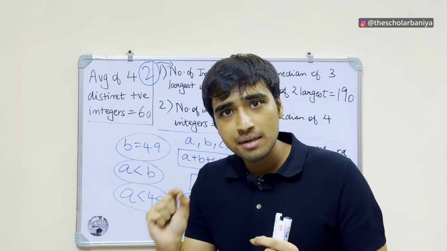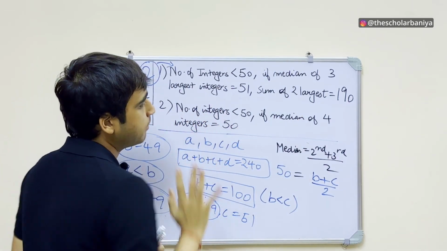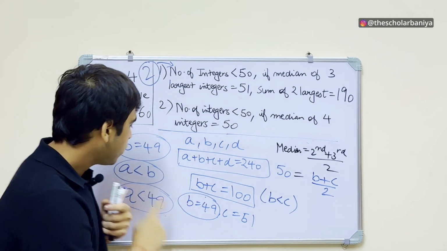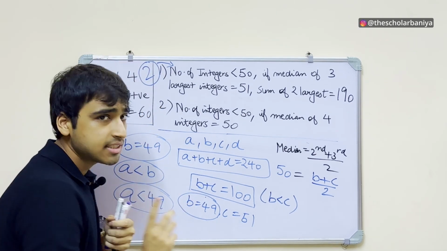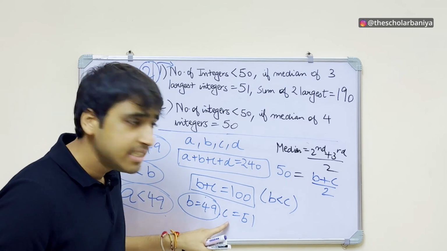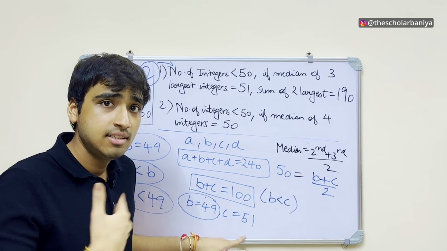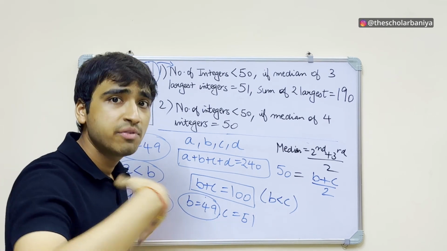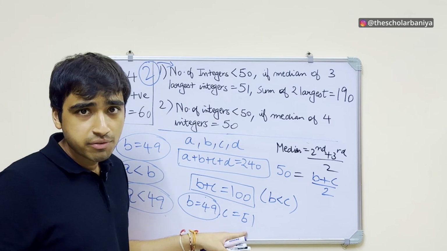We had to find the number of integers less than 50. So A is an integer less than 50, B is an integer less than 50, but C is at least 51. The minimum value of C is 51. C can be 52, 53, 54, 60, 70, whatever, but the minimum value of C is 51.